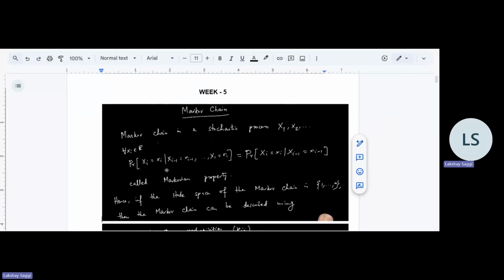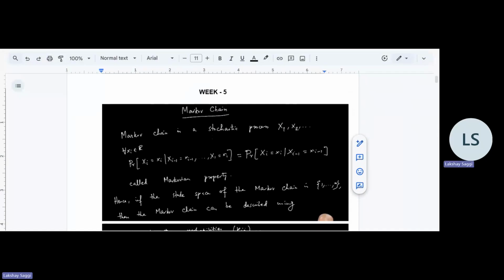This is not exactly what I'm saying, but you can think of it intuitively: whatever value X takes at time step i is independent of the values it took at time steps i minus 2 or before.